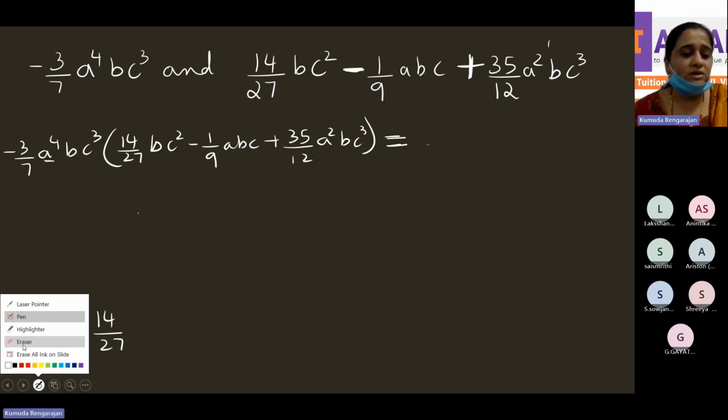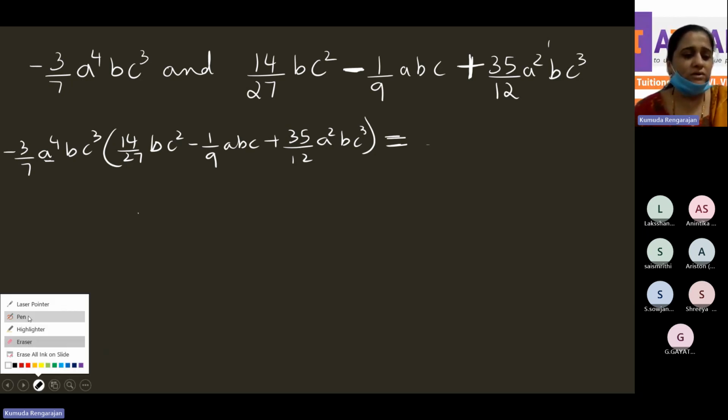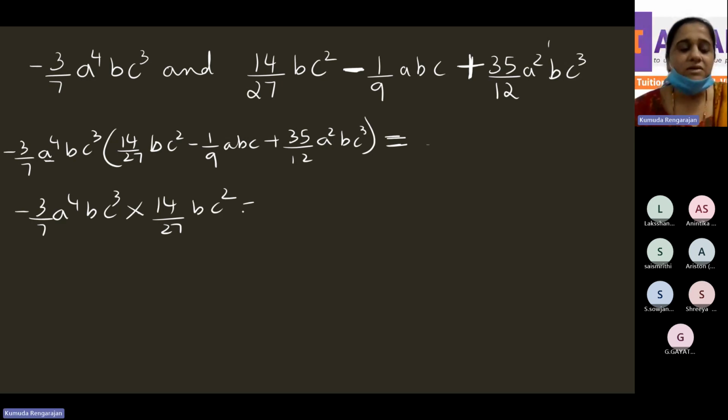See, alternatively, children, you can also do it as a part of the main work here. So you can just write this one. And then the first one is minus 3 by 7, a to the power 4, b c cubed into 14 by 27, b c square, right? You'll have to multiply these two first, right? Then what should you multiply, Surya? No, next one, minus 3 by 7 into?